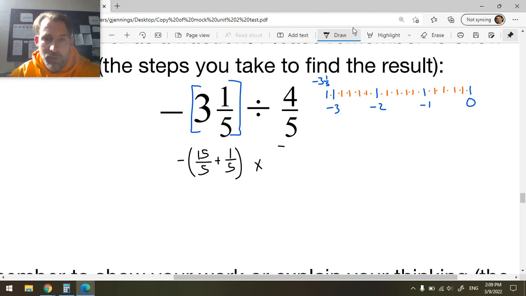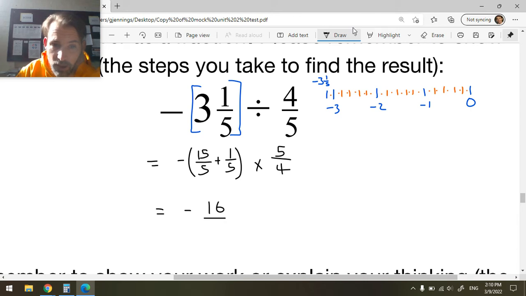Wait, division is the same as flip and multiply. So now this is 16 fifths times 5 over 4. This is equal to negative 16 over 5 times 5 over 4.